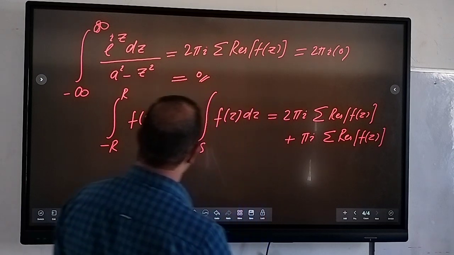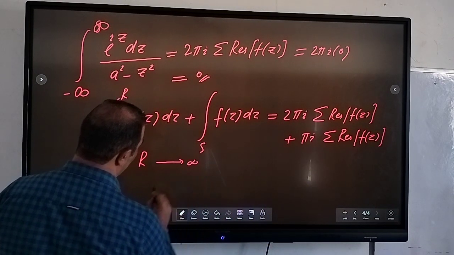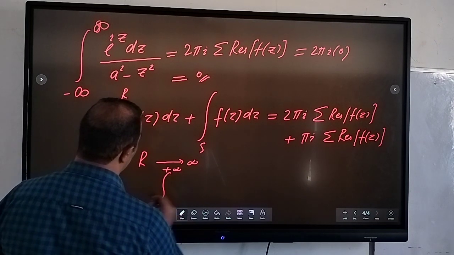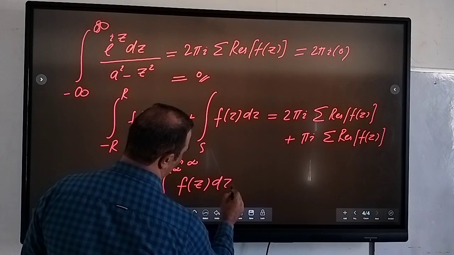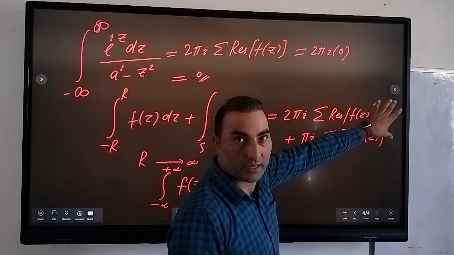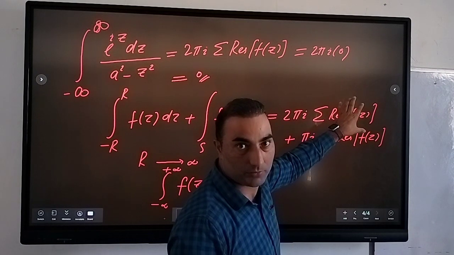So when you put r tends to infinity, this will be from minus infinity to plus infinity of f of z dz. So that's equal to, and the first one will be zero because there is no pole which lies within this semicircle or on the semicircle.